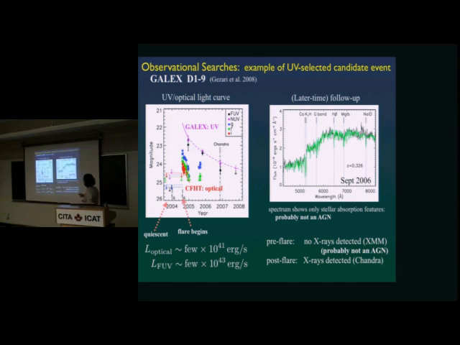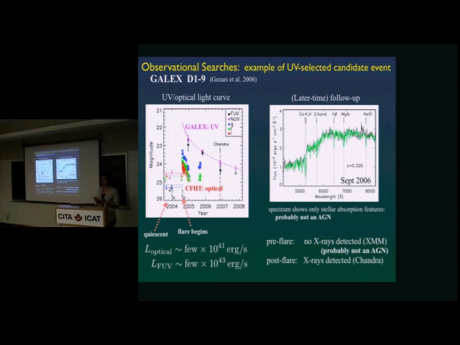But there also is coincident CFHT optical data in g, r, and i band. And what you see is that at the end of 2004, the flare turns on, and then it declines with time over the subsequent years. The event reaches a maximum optical luminosity of a few times 10^41 ergs per second, and a far UV luminosity of a few times 10^43 ergs per second.